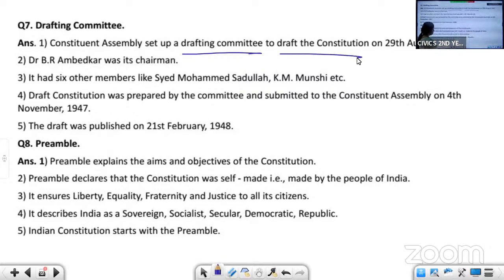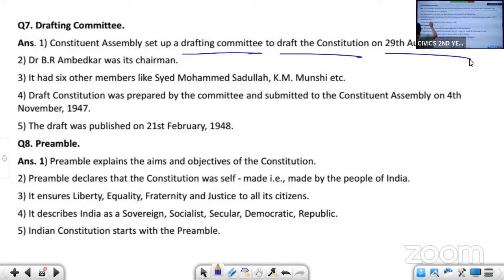It was set up by the Constituent Assembly on 29th August 1947 to draft the Constitution.